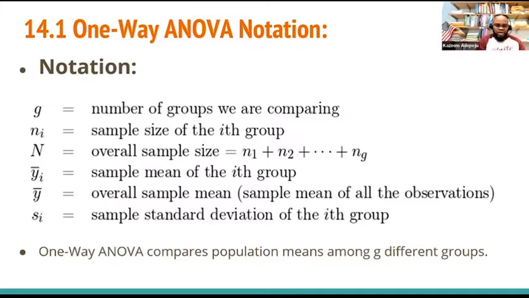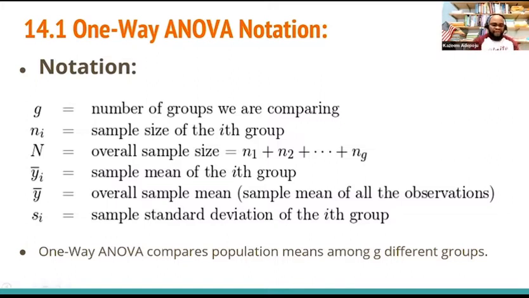And of course, the Y-bar_i is the sample mean of the ith group. Don't forget, from each group, we're going to find the mean of each group. And the Y-bar here is the overall sample mean. When I say overall sample mean, I find the mean of all the observations: I pool all the participants in all groups together and find the mean, which is the sample mean of all the observations.